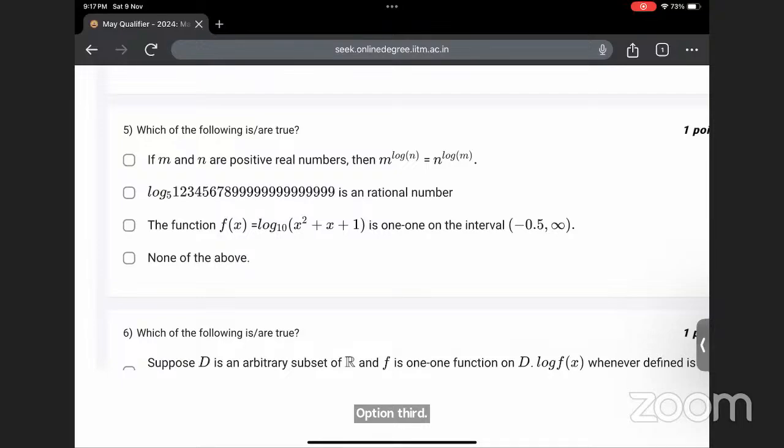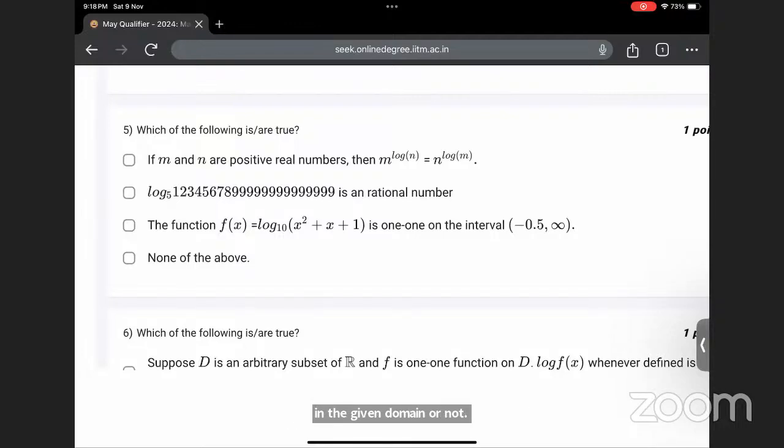How do we find out it is correct? Okay, so the hint is again that the composition of two 1-1 functions is 1-1. You have to check whether both the functions are 1-1 in the given domain or not.